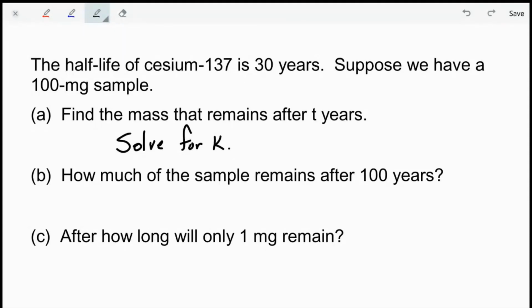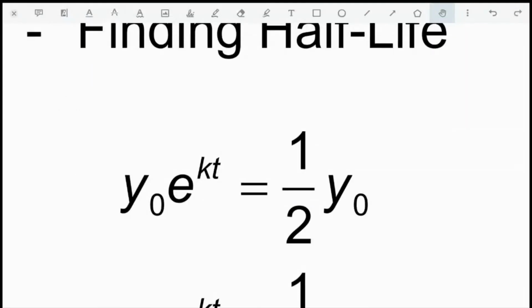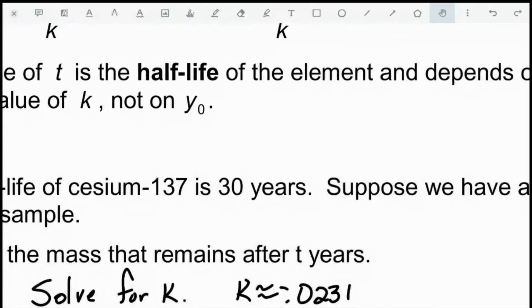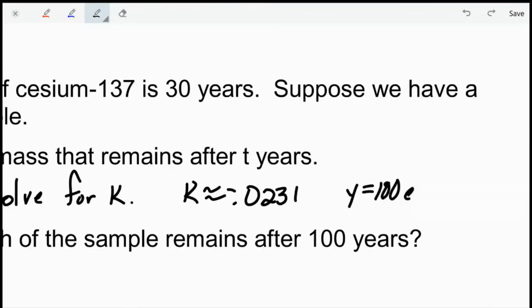K turns out to be approximately negative 0.0231. Okay, that would be your k value. Now, the way I solved for that is I just used this setup right here. I set my amount equal to half of the initial amount, and I can get that k value. And now I have my model for the amount that I have at any particular moment in time. It's 100 e to the negative 0.0231 t power.